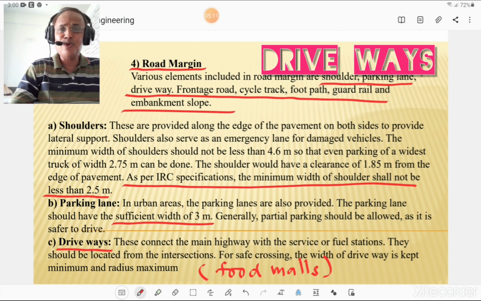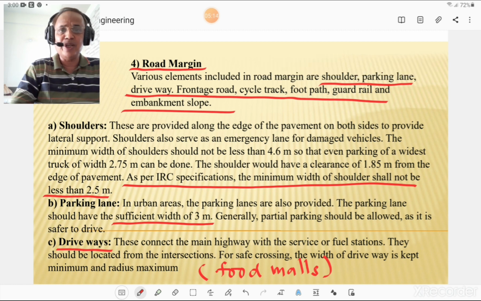You must have visited the Mumbai Pune expressway. Near Sasgaon or Khopoli, there are two food malls on both sides, and these food malls are connected with roads. Such roads we may term as driveways, and driveways are very important. The width of the driveway is kept minimum, but the radius of the curve should be kept as a maximum.